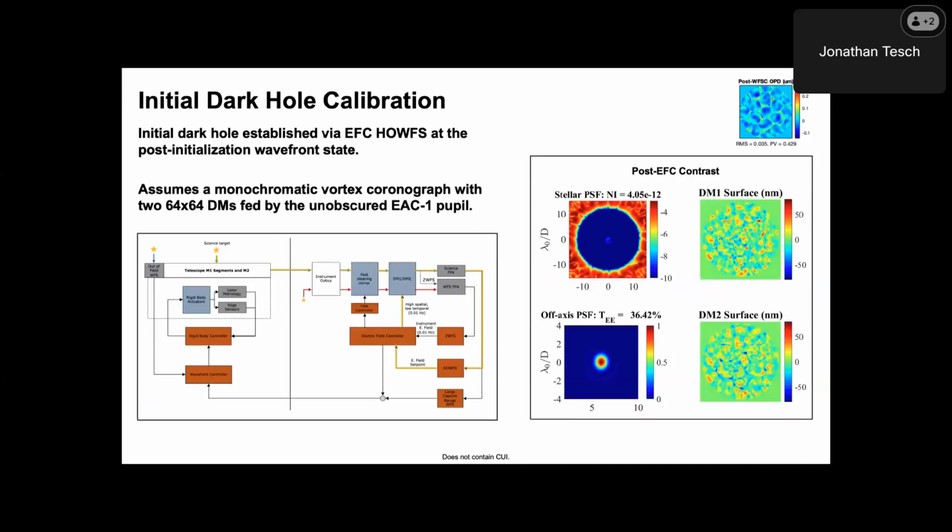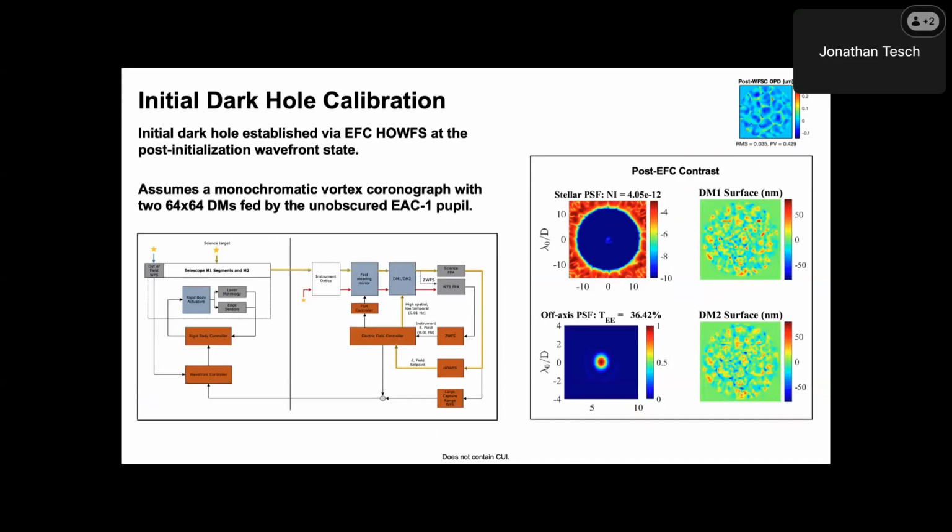Okay, so with the telescope under rigid body control, and maintaining a more or less static telescope wavefront down to the 22 picometer level, we can begin assessing what happens if we started coronagraph imaging, or particularly started digging a dark hole with electric field conjugation at that point.